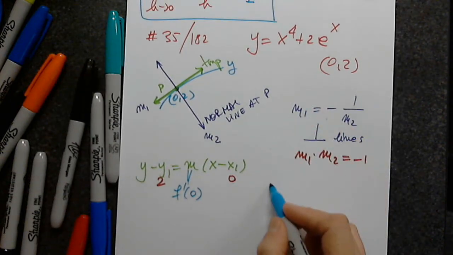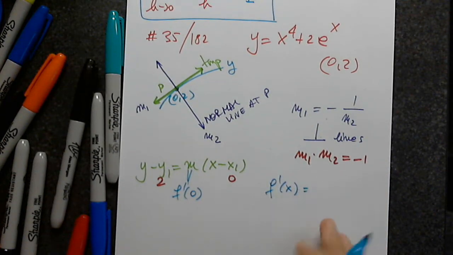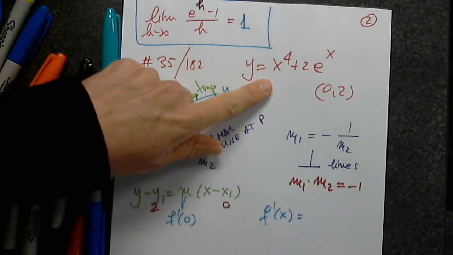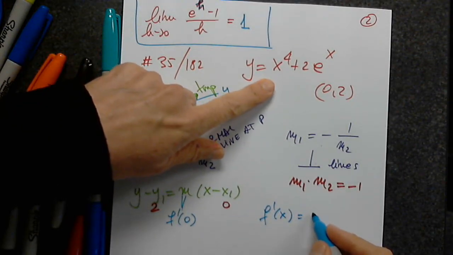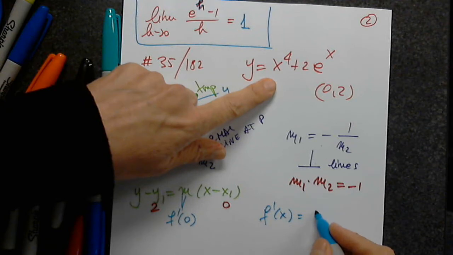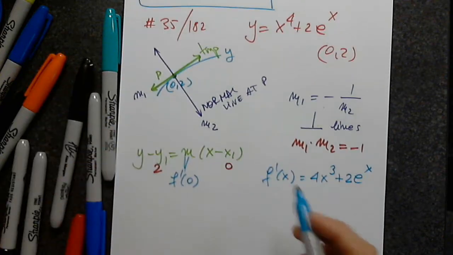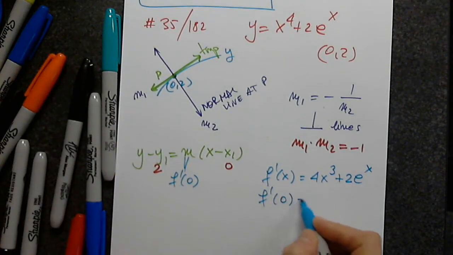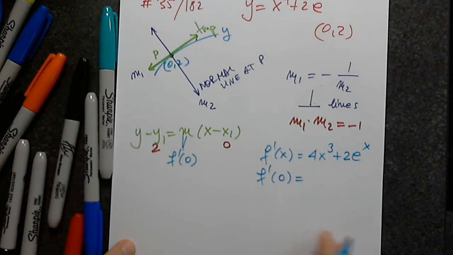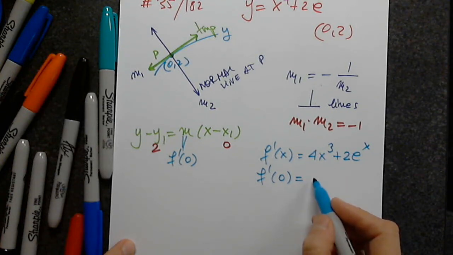So I have the function. I will determine f prime. Can anyone give us f prime? Four x to the third plus e to the x. Very good. So now I have to determine f prime of 0. How much is f prime of 0? 2.